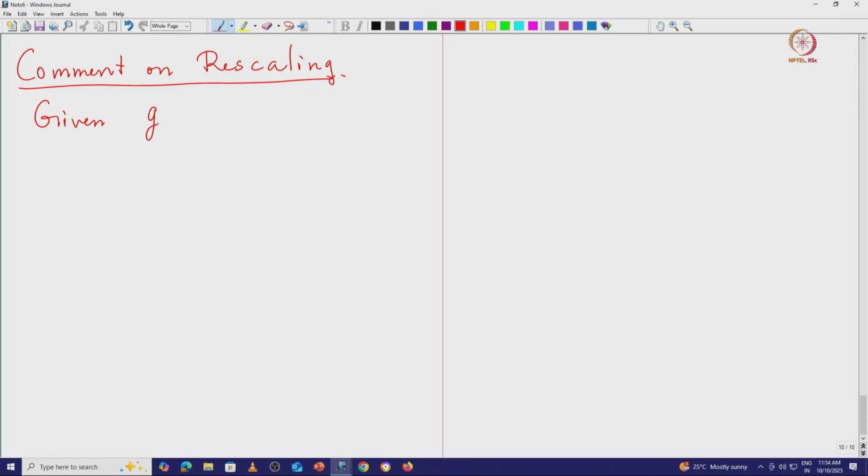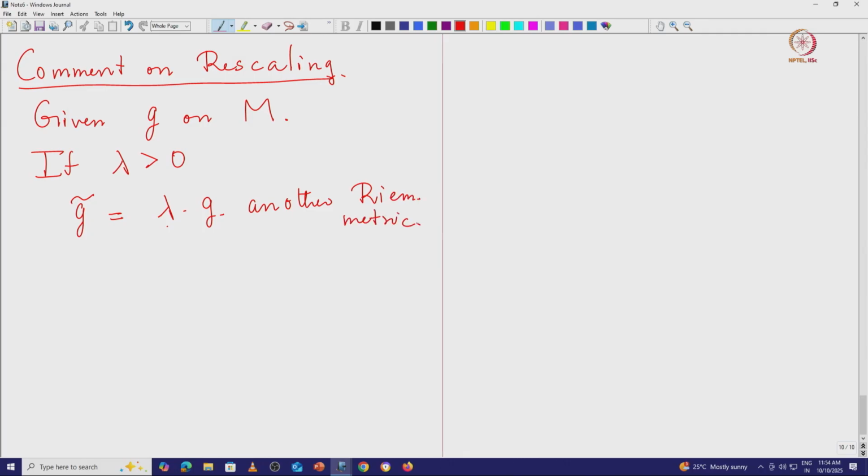Given a metric G on M, if lambda is some positive number, then you can define G tilde to be lambda times G. So this is another Riemannian metric. The property of this is that it distorts lengths but preserves angles.